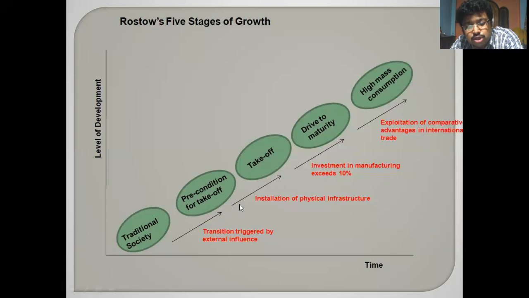An increase in agricultural productivity also leads to expansion of domestic markets for manufactured goods and processed goods. So there is a domestic market. These are the basic characteristics of the precondition for takeoff in Rostow's model of development.